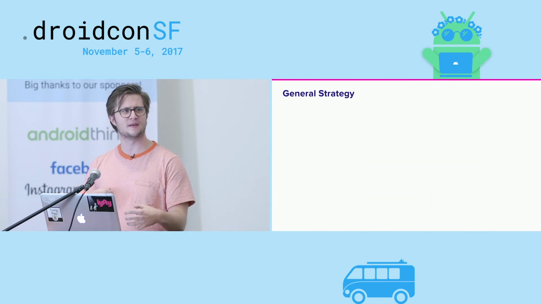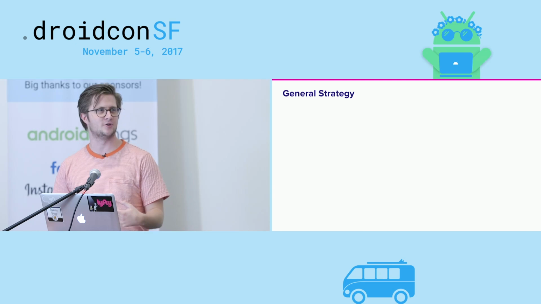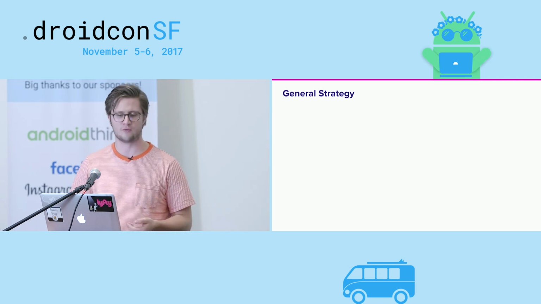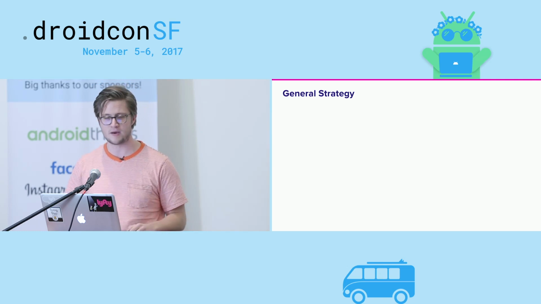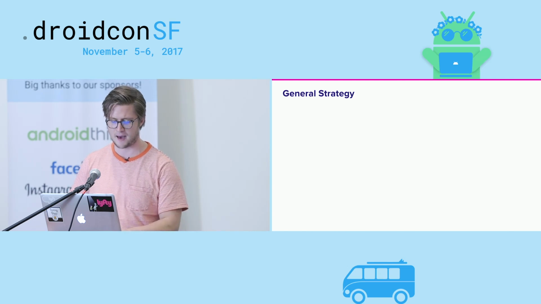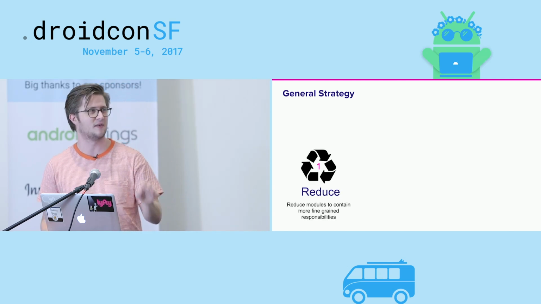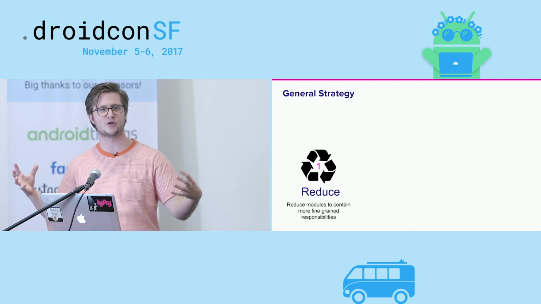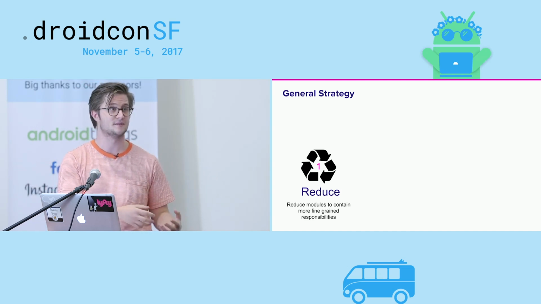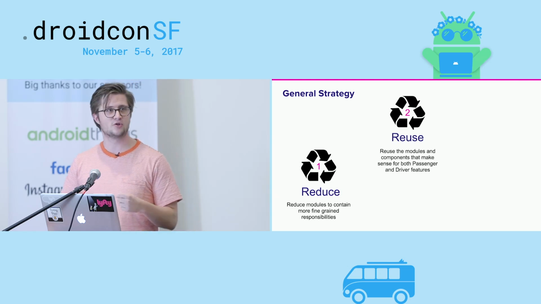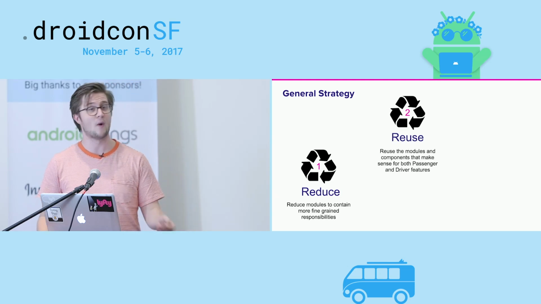And as we were doing this, I noticed three major strategies. There's no silver bullet when modularizing code, but I noticed three things that we definitely used over and over again, and I kind of wanted to highlight those as how we went through splitting the app. So the first being that we reduced modules to just do a specific thing. We didn't want to have too much extra functionality in a module that didn't make sense for that module, so we wanted to reduce that down. Secondly, we wanted to reuse modules in a way that makes sense.